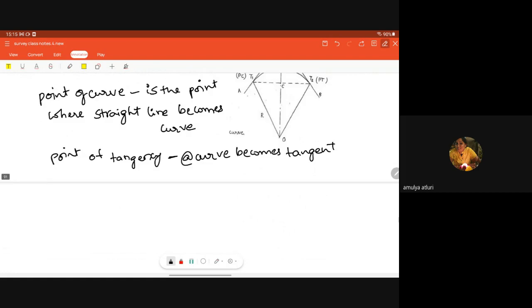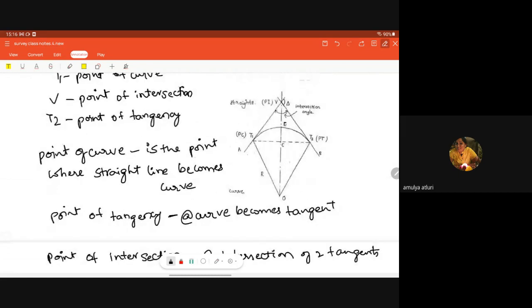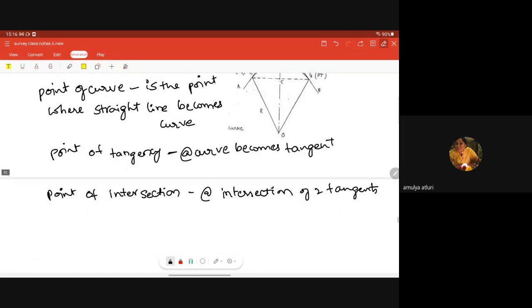And point of intersection is nothing but the intersection of two tangents. What are the two tangents here? VT1 and VT2. The intersection of the two tangents VT1 and VT2.